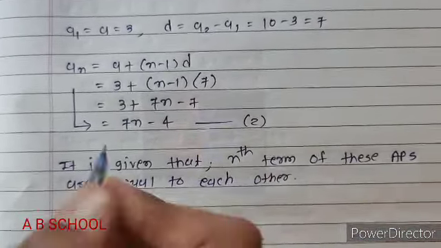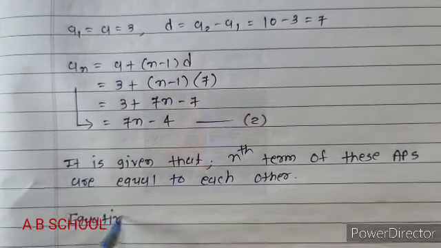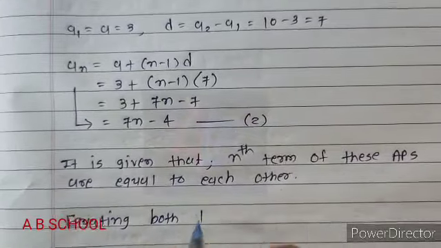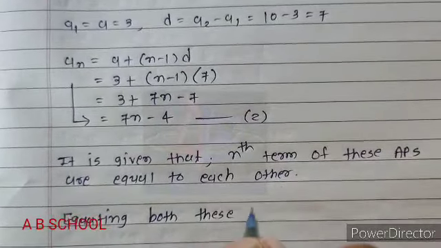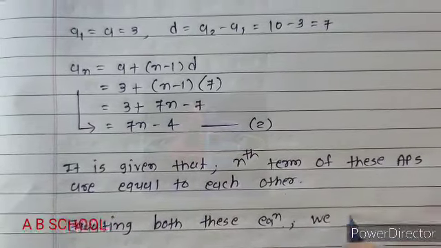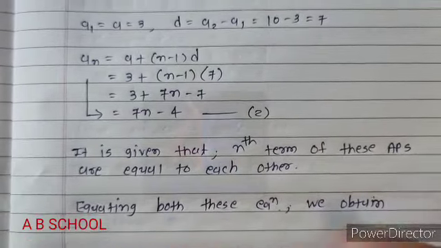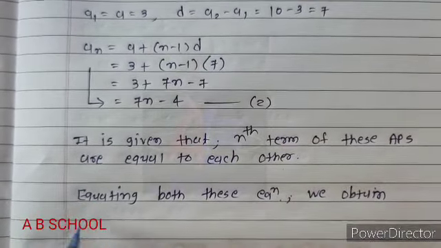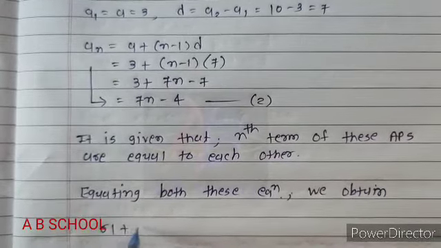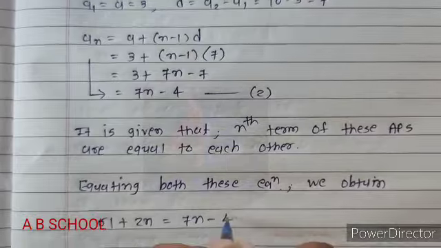Now equating both these equations, we obtain, from equation number 1 and 2, 61 plus 2n is equal to 7n minus 4.